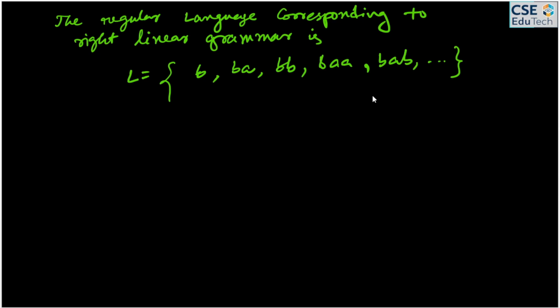Now, if we reverse the above productions, first we give the definition of the left linear grammar, then we'll reverse this.